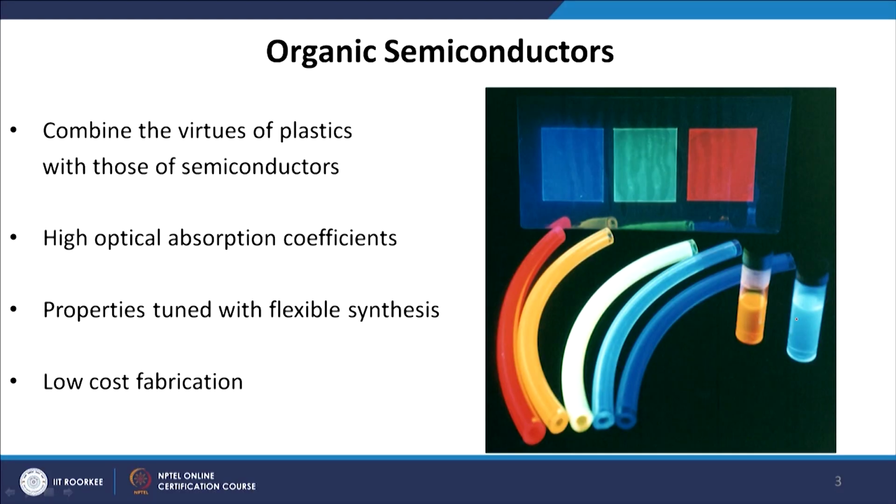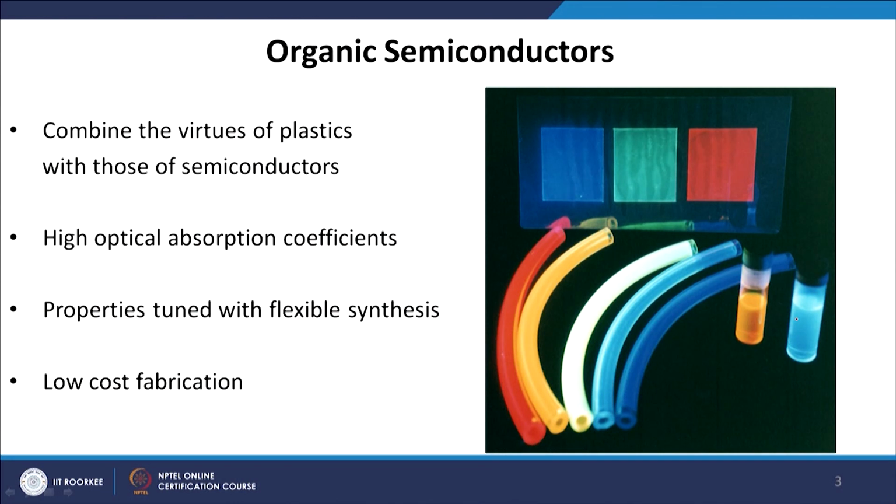Organic semiconductors are a very special class of semiconductors made out of organic materials. They combine the virtues of plastic with those of a semiconductor. Plastic has plasticity, which means it can fold, it is flexible. So if a semiconductor has all the properties of a semiconductor and in addition is also flexible, then it will be very useful for making any kind of device.